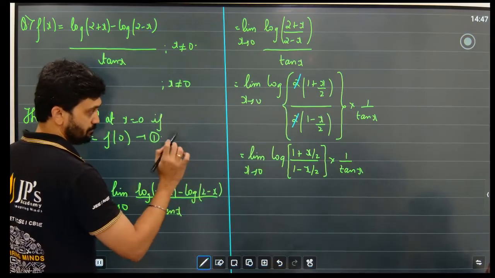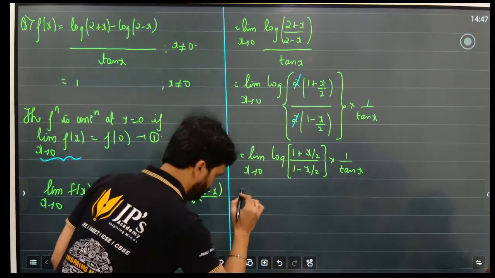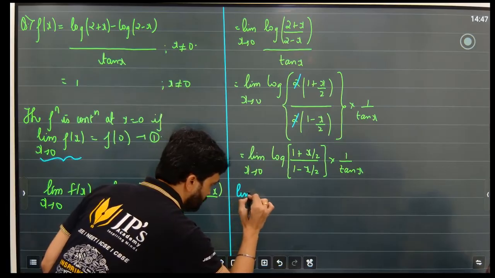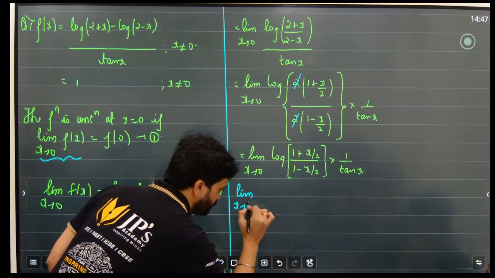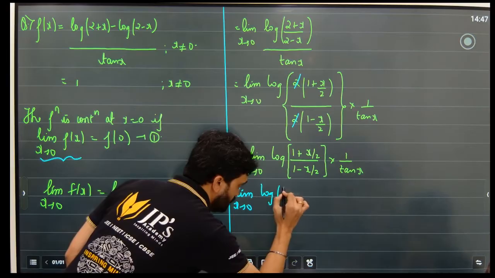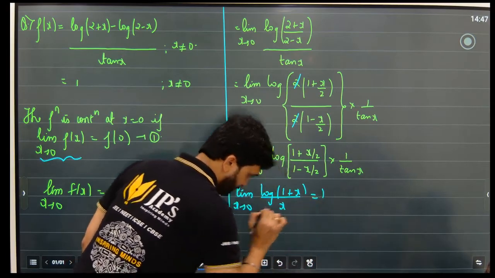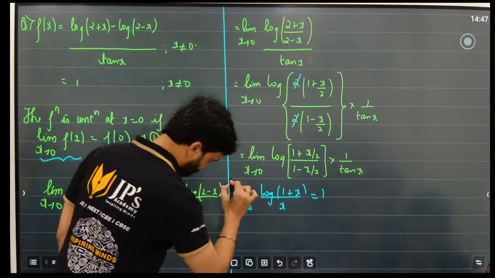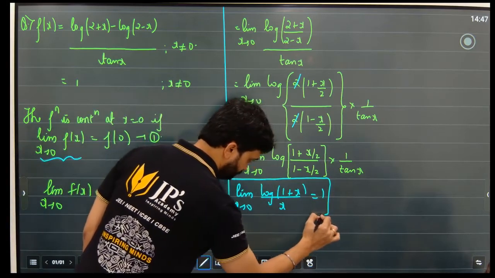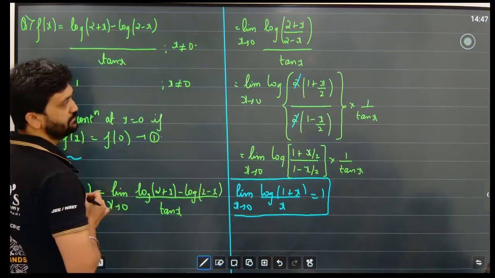Now, the actual formula that we are supposed to use is limit x tends to 0 of log of 1 plus x upon x is equal to 1. This is the formula that is required.